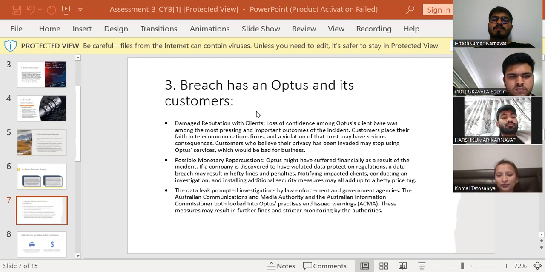The data leak prompted investigation by law enforcement and government agencies. The Australian Communications and Media Authority and the Australian Information Commissioner both looked at Optus practices and issued warnings. These measures may result in monitoring by the authorities.